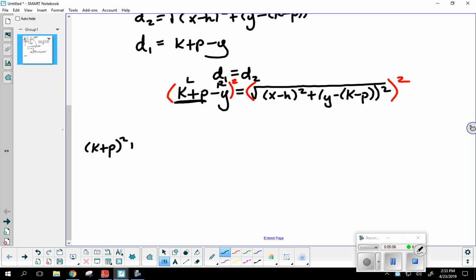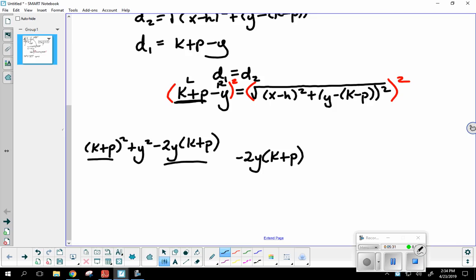We square the right, plus y squared. Now we double the middle. That means I multiply the two together, negative y times (k plus p), and multiply that by 2, so minus 2y times (k plus p). Doing it this way, all I have to do now is expand this once more and distribute, and then that (k plus p minus y) squared is completely taken care of.